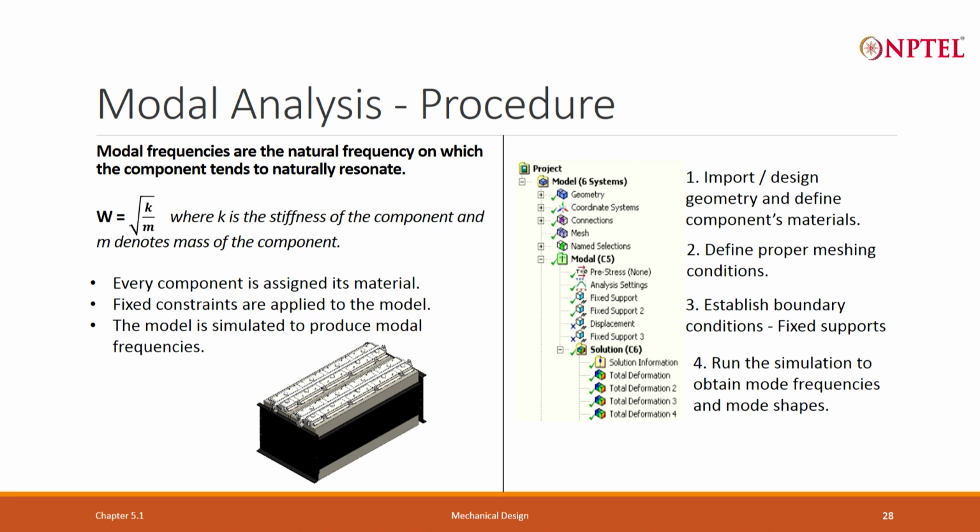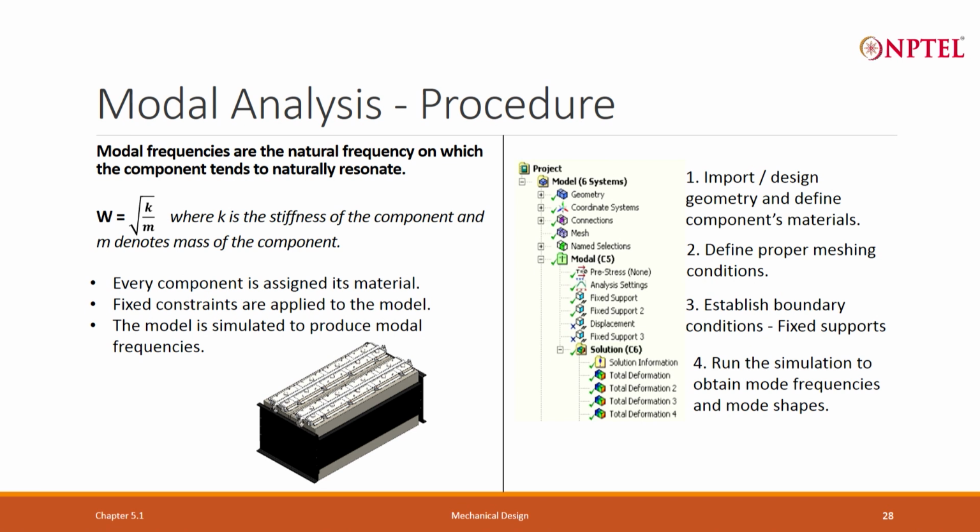How it is being done in any of the software. First, we import the CAD design. We clean up, that means if there is any discontinuity between the surfaces or very sharp bends, we try to make it smooth.